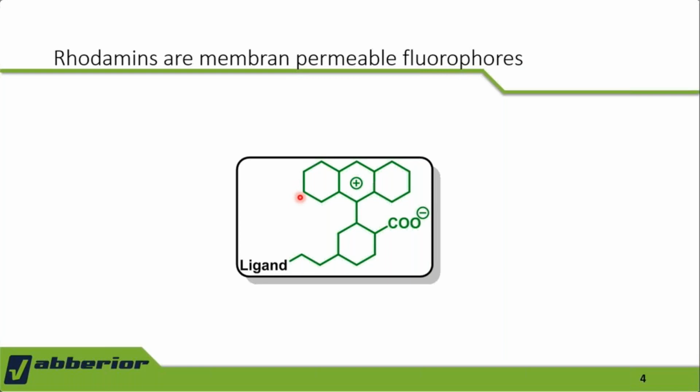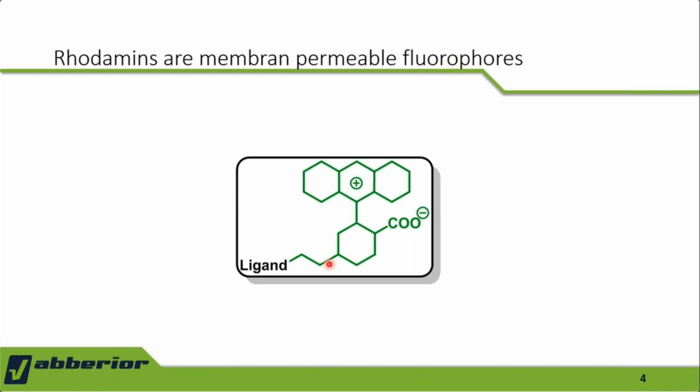A rhodamine basically consists of a so-called xanthene ring, which is this three-membered ring system. Beneath there's a benzoic ring with a carboxylic acid attached. On this benzoic ring, we can add any kind of ligands like reactive or functional groups. With this, we create probes to very specifically stain target structures in living cells.